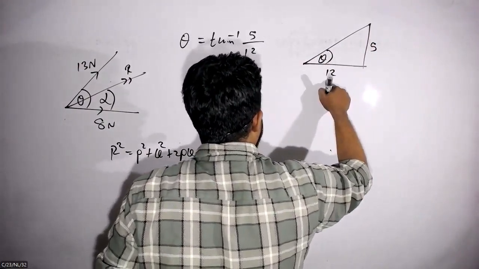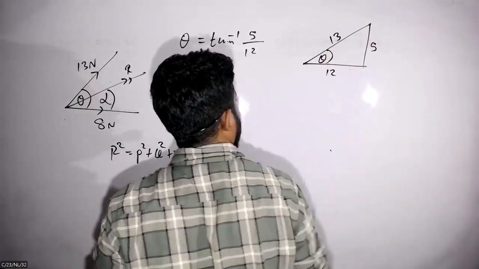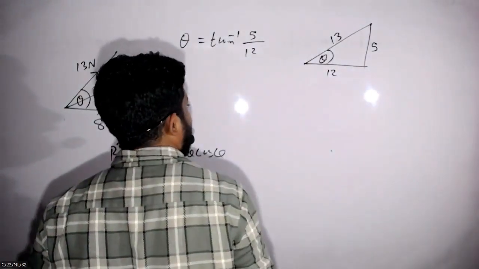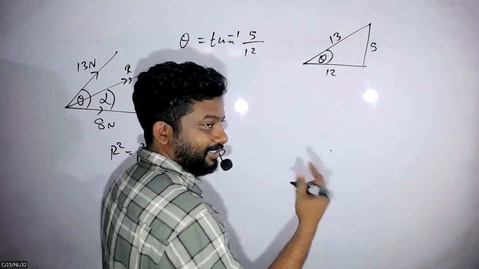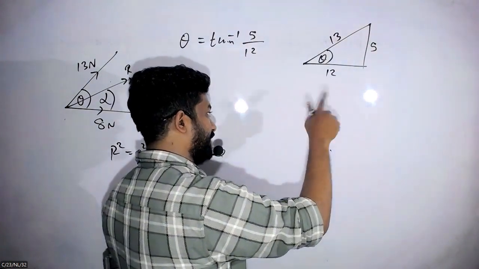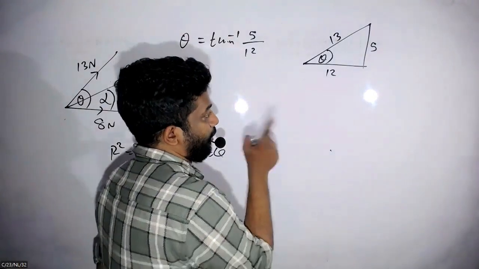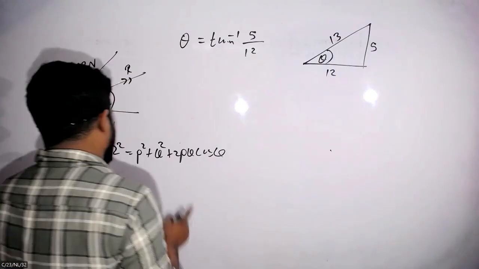Then you can identify the hypotenuse of this right angle triangle should be 13. Got it? Then you can identify the cos value and sine value. There is no need to find the sine value for this one, but if you want, you can identify the sine value as 5 over 13. Cos value is 12 over 13. Got it? Right. Let's see the answer.